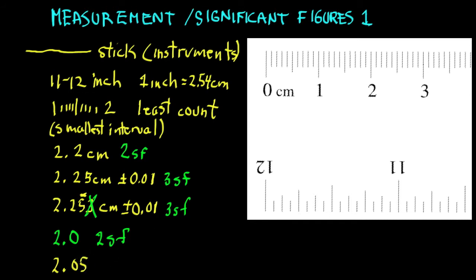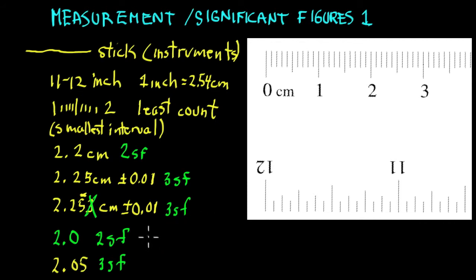It's also significant. We have 3 significant figures. We have not gone beyond the precision of our instrument. Therefore, notice that 0 is significant here, just as this 0 up here is significant. A rule is all zeros to the right of a decimal place are significant. That means they're measured. Or if there's a 0 embedded between 2 numbers, that is significant.